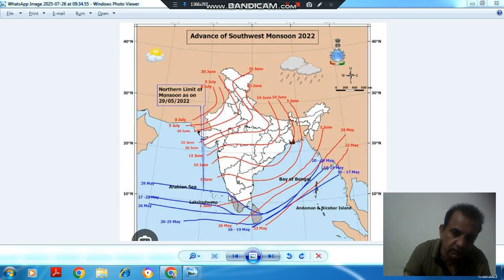This can be said as Arabian Sea branch, and this can be said as Bay of Bengal branch. So this is the southern tip. Here you can see the advancing of monsoon: first June, 5th June, 10th June. This is the Arabian Sea branch, and this is your Bay of Bengal branch.